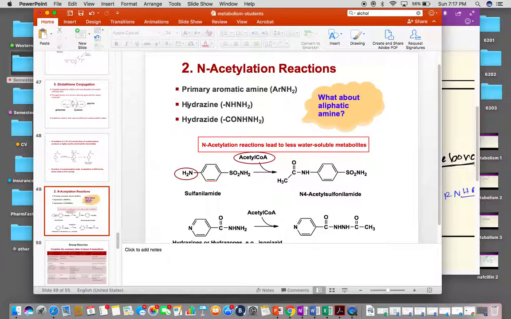And so what you'll see is when you have like this aromatic NH2 group, or when you have hydrazine, which is NH-NH2, or hydrazide, CONH-NH2. So these are from Dr. Luo's lecture notes. This is when N-acetylation reactions would occur. So again, an aromatic amine, hydrazine, and hydrazide, NH2, NH-NH2, CONH-NH2.